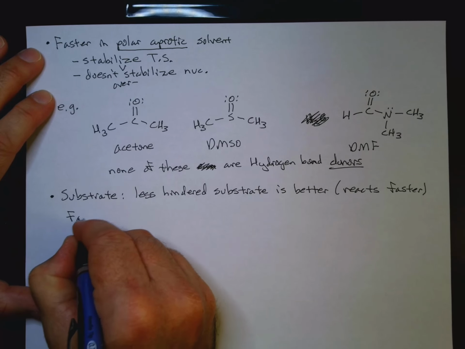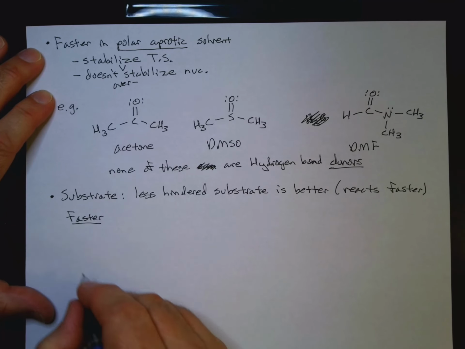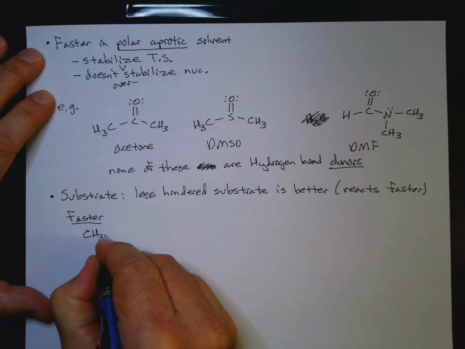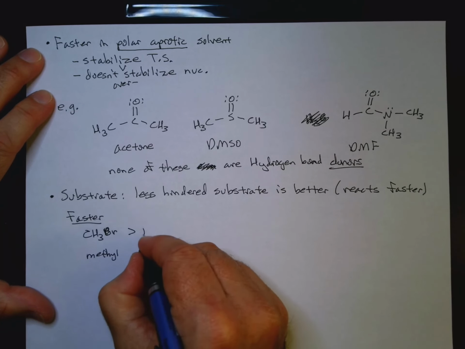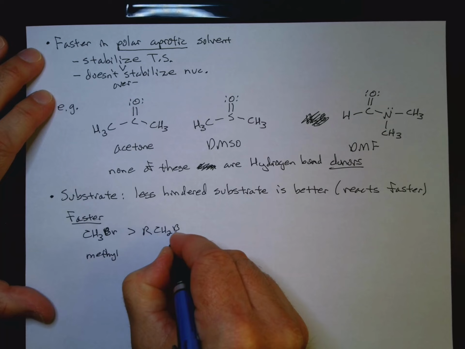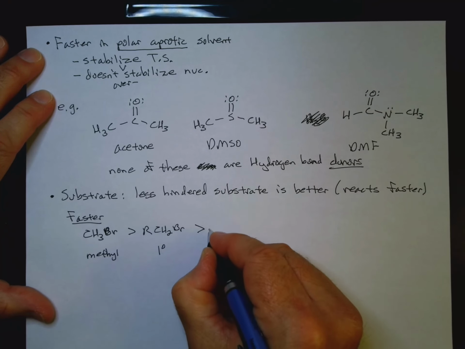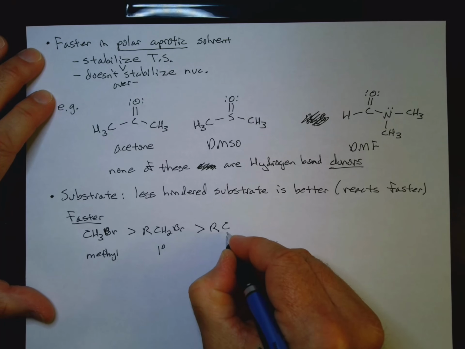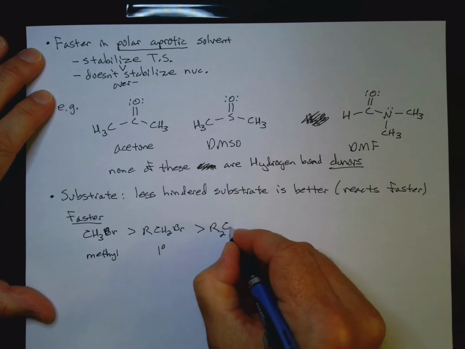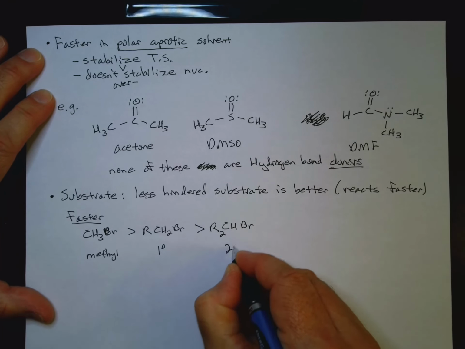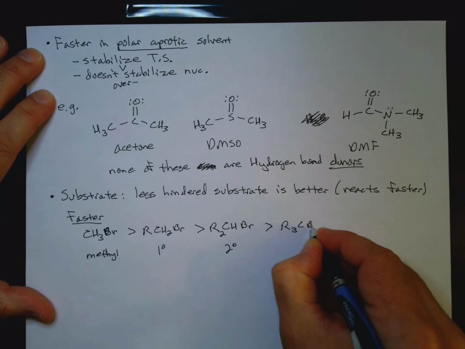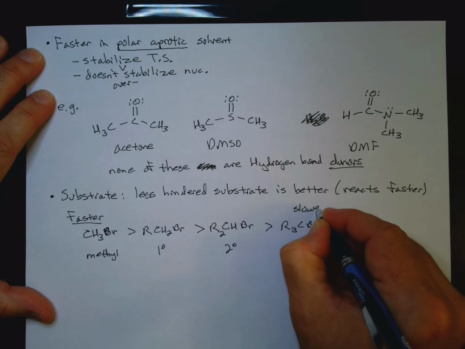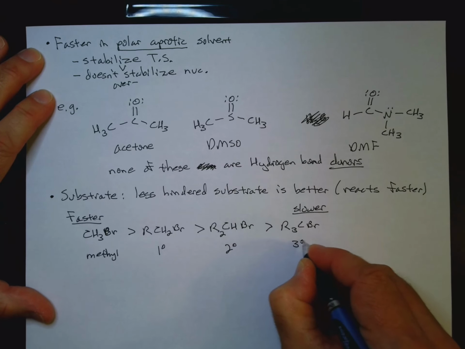So at the end of the scale for faster reaction, we'd have a methyl, and that's faster than a primary, which is faster than a secondary, R2CHBr. These could be different R groups, doesn't matter. That's faster than R3CBr, a tertiary.